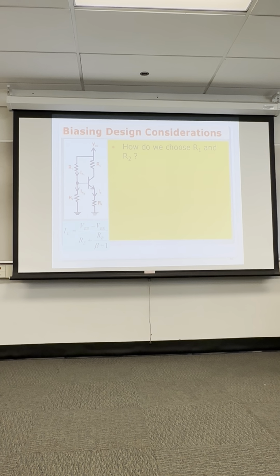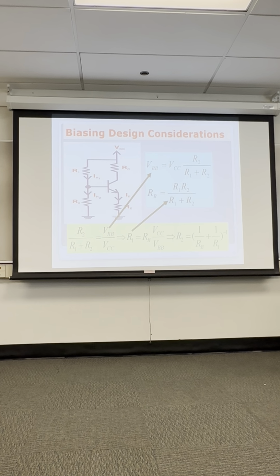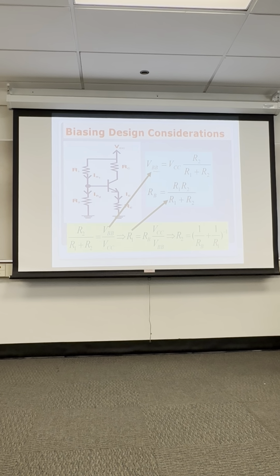Now, selecting these two resistors, R1 and R2, more formulas that we need to have on our formula sheet. So we want to solve for R1 and solve for R2. And we take these two equations up here.